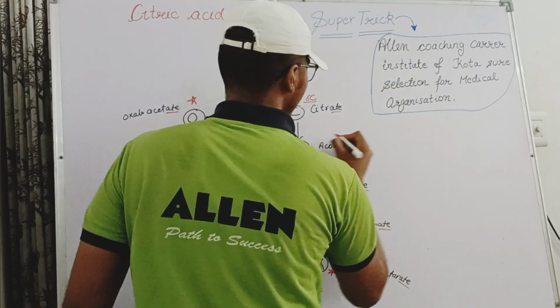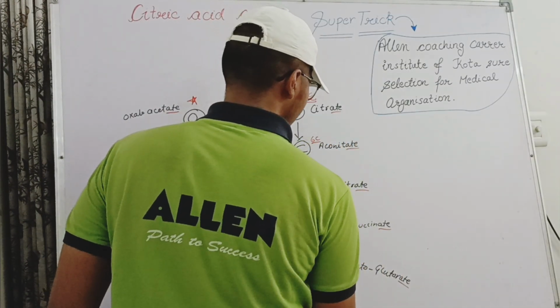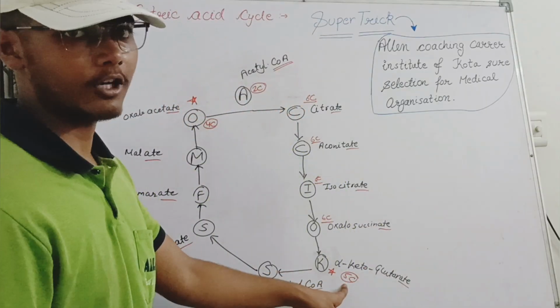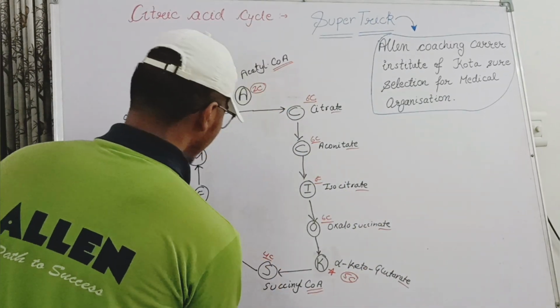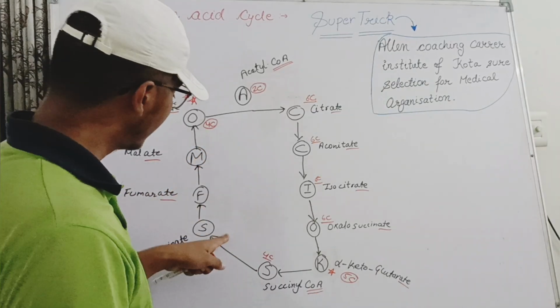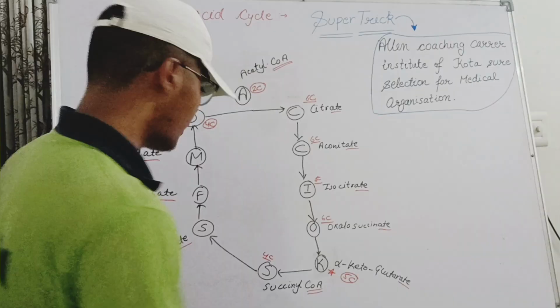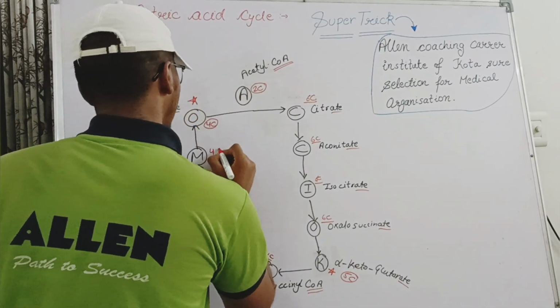Here it will be 6 carbon, and the next one is also 6 carbon. Here 5 carbon. Now again we will remove 1 carbon and make it 4 carbon. Then we know here it is also 4 carbon, so 4 carbon and 4 carbon.